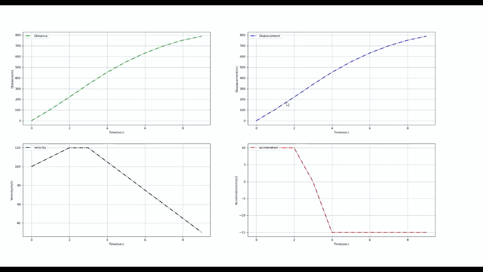The graph looks the same. At the end of it, we have around 800-ish at the end of 9th second. So here distance and displacement are the same. Is it not? And you can see I am slowing down, the velocity you can clearly see over here. And the acceleration is also negative.